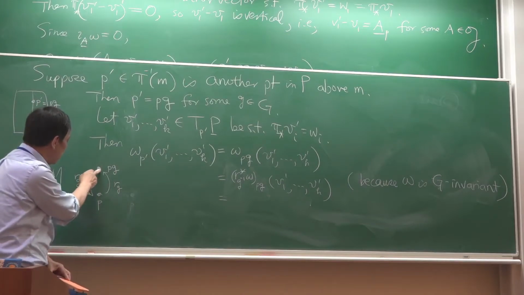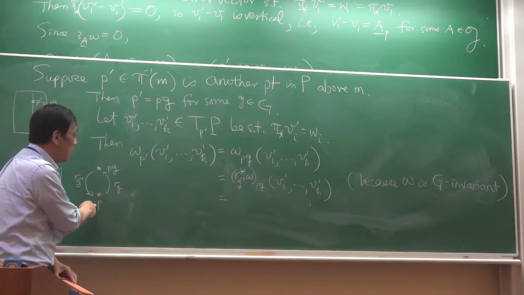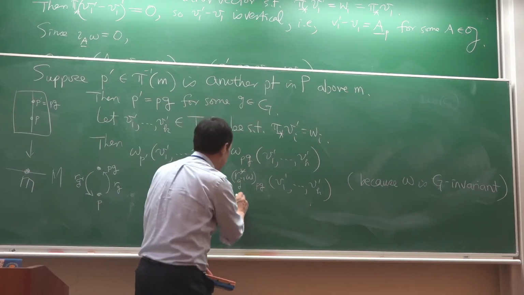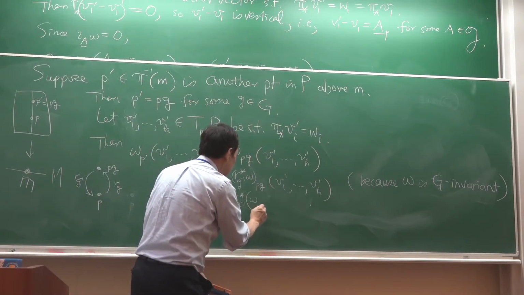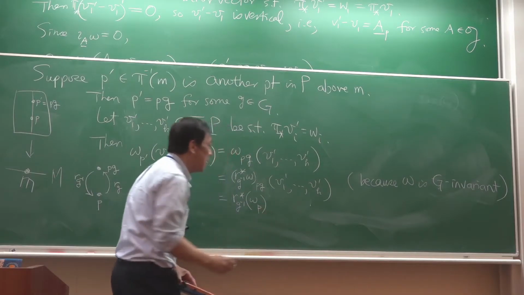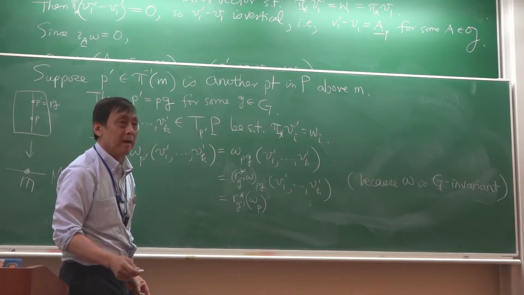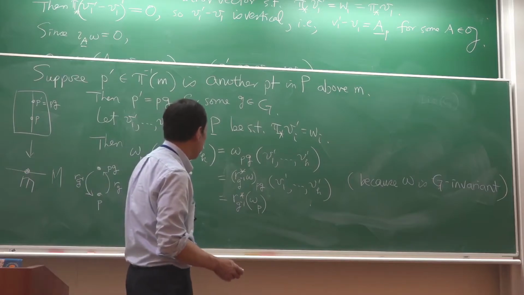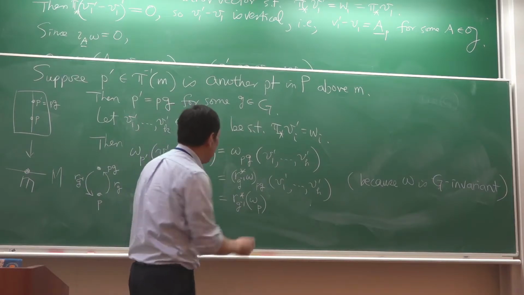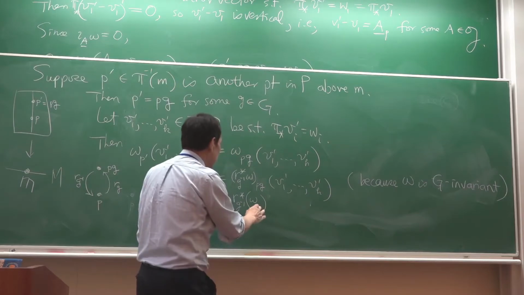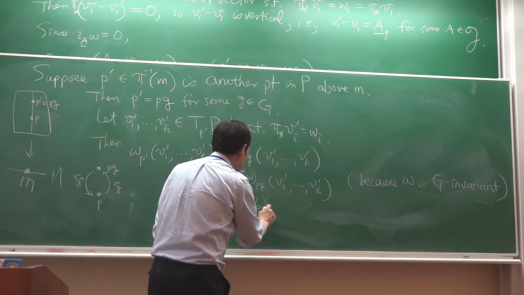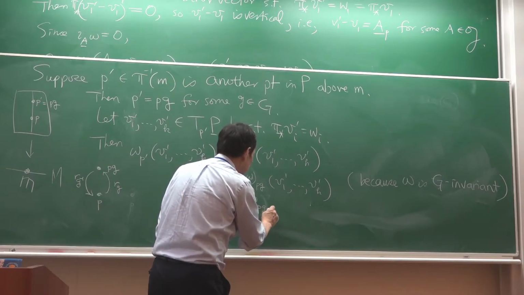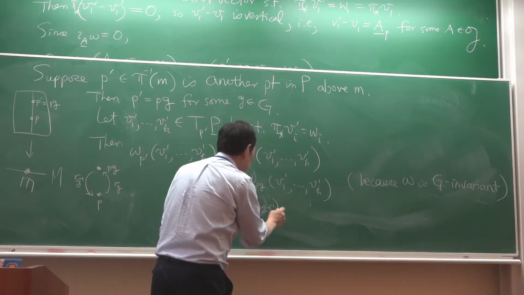Rg inverse will take Pg to P. So this is Rg inverse of omega at P. Yeah, because P is Pg g inverse, right?